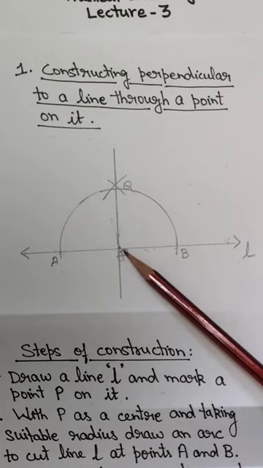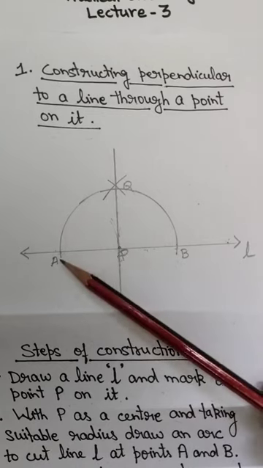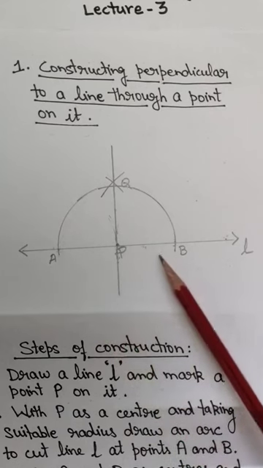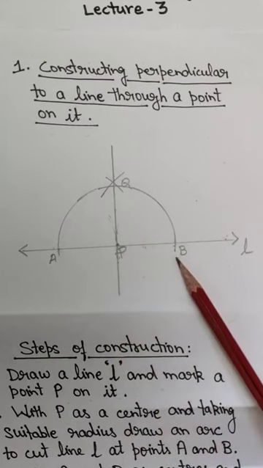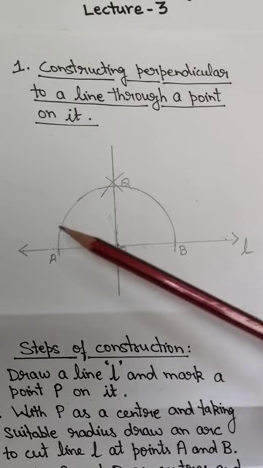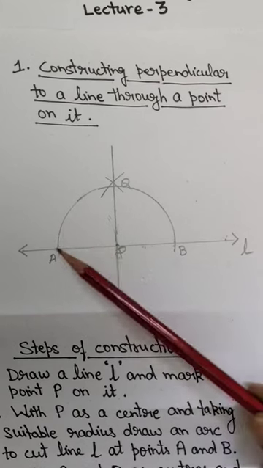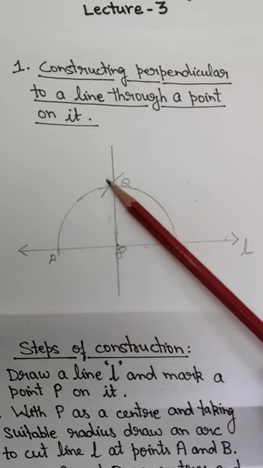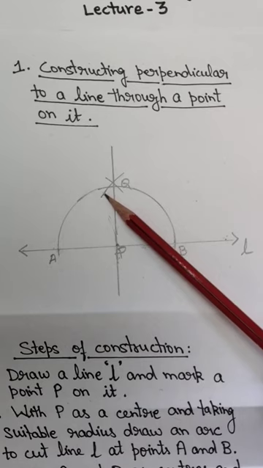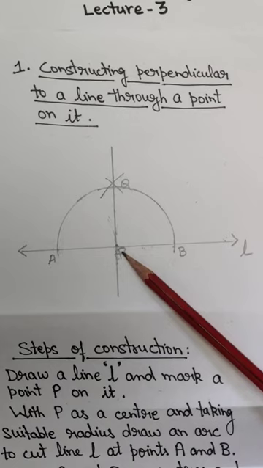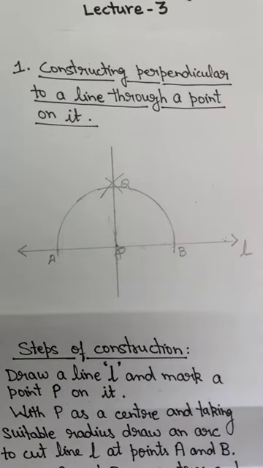With P as a center and taking a suitable radius, draw an arc which cuts line L at 2 points A and B. With A and B as centers and taking radius more than half of AB, draw two arcs which cut each other at Q. Join PQ. PQ is perpendicular to line L.